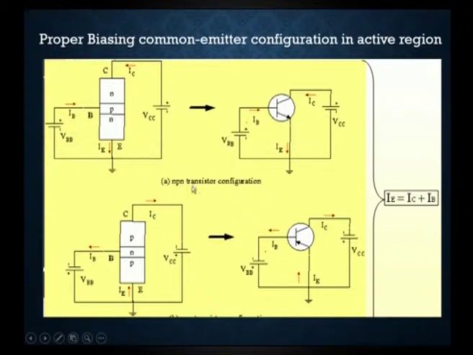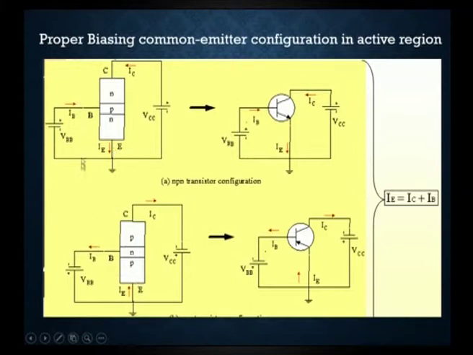Similarly we can observe a PNP transistor configuration, where the PNP transistor also has an emitter terminal which is common for both input and output, and the current directions in the PNP transistor are quite opposite to the NPN transistor. The emitter current in the NPN moves downward, but here it moves upward.